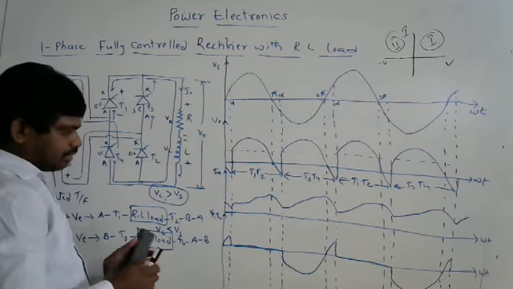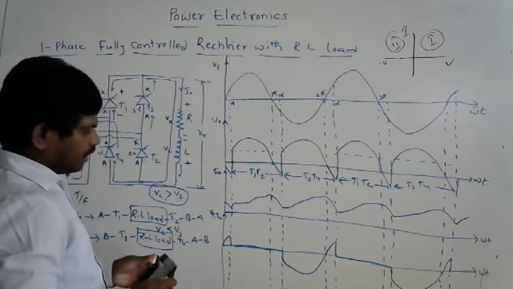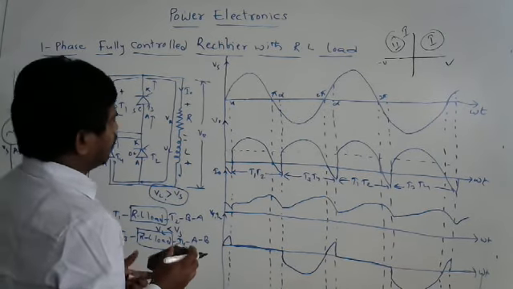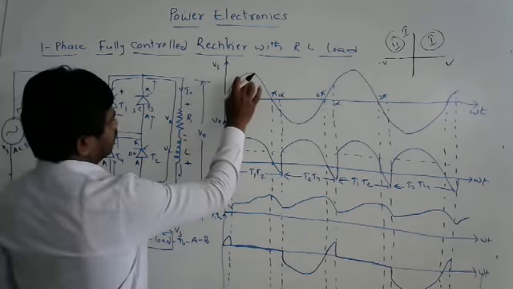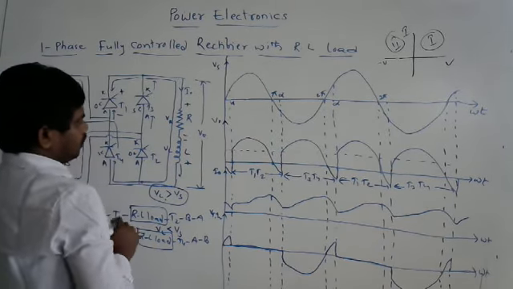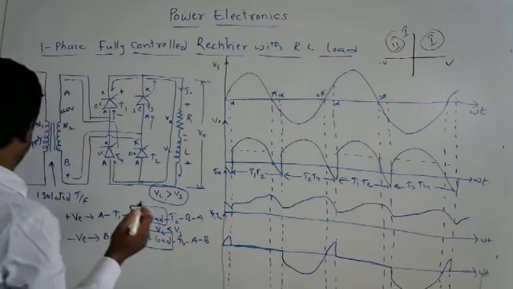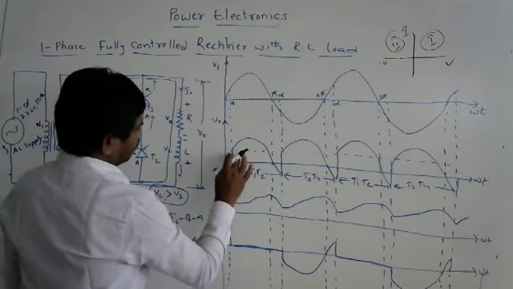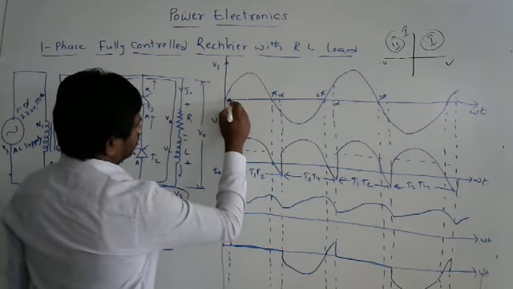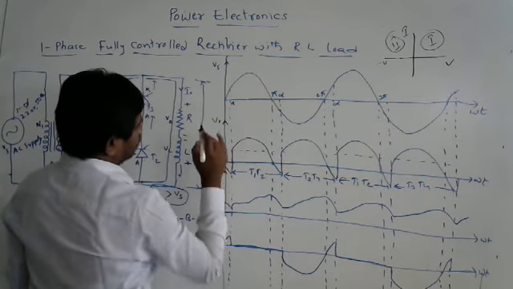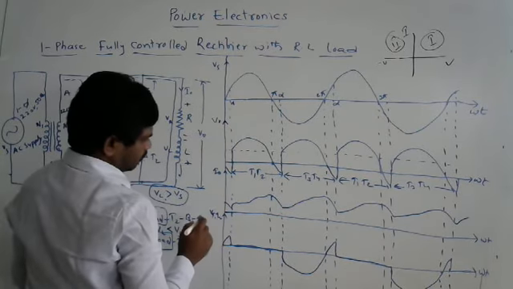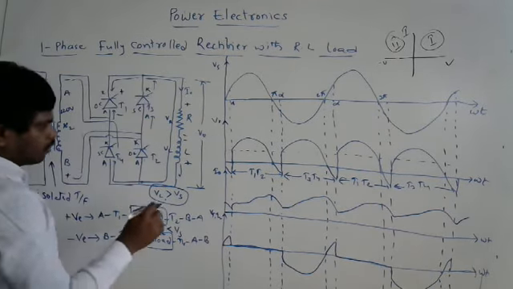Let us see the input current waveform once, drawn here at the input supply. Look at this with another pen. During this period, T1, T2 conducting, which means we are getting input current and output current.